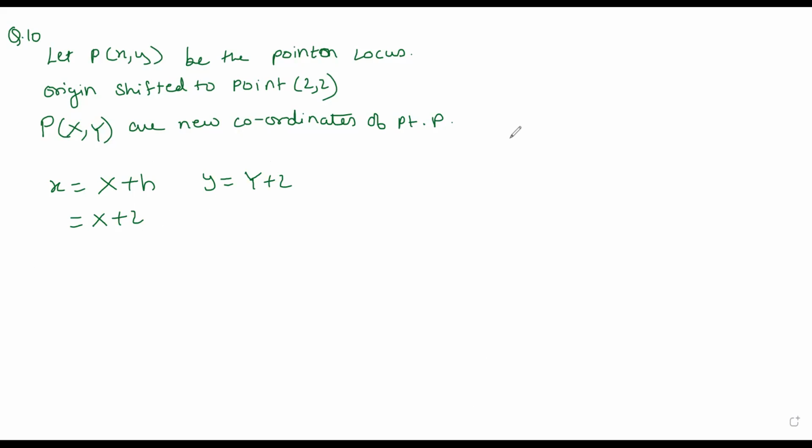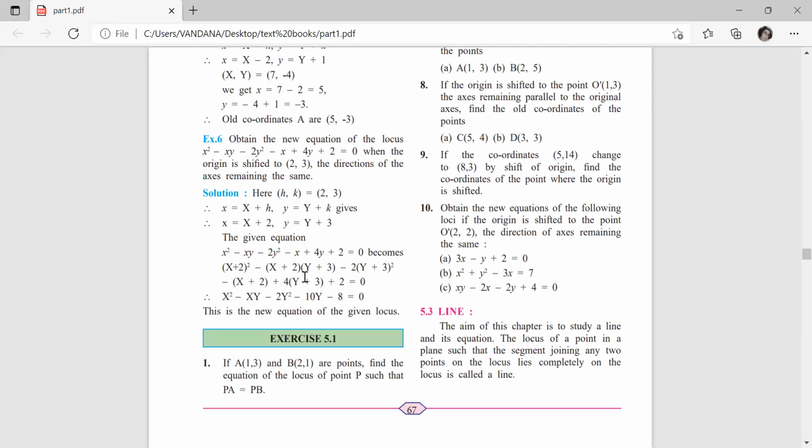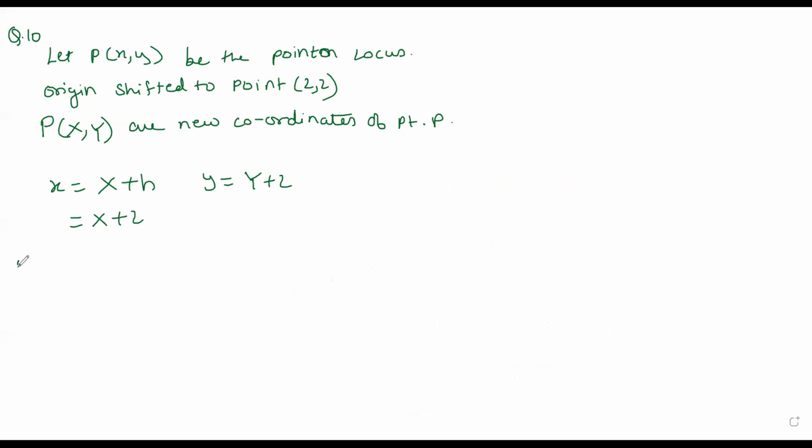So the first equation, 3x minus y plus 2 is equal to 0. This is the equation of the locus. After shift in the origin, we want to find the new equation of the locus.